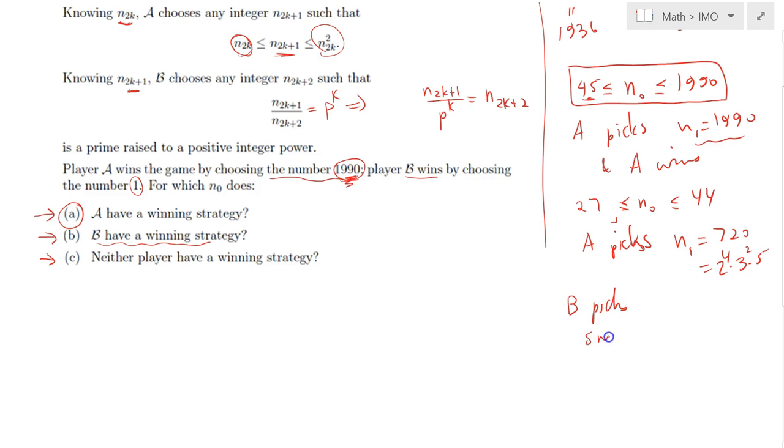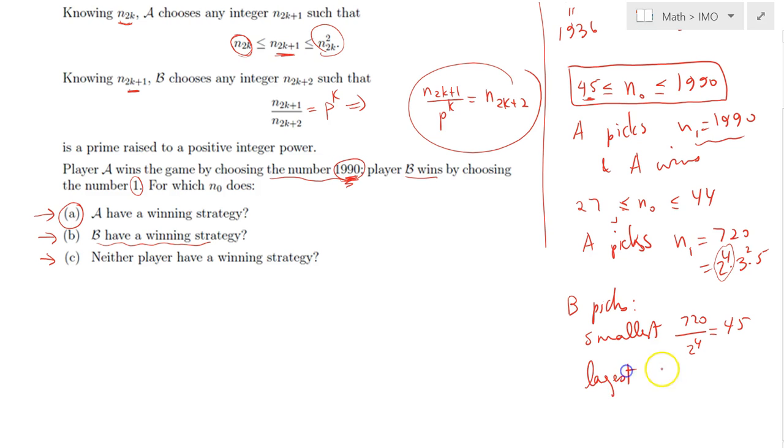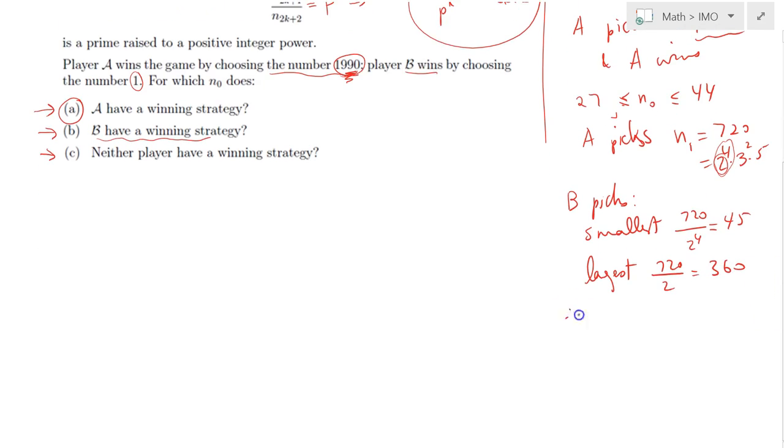The smallest that B can pick is 45, getting the highest prime power, 2 to the power 4, and the largest is 720 over 2, so 360. So n2 will be between 45 and 360.